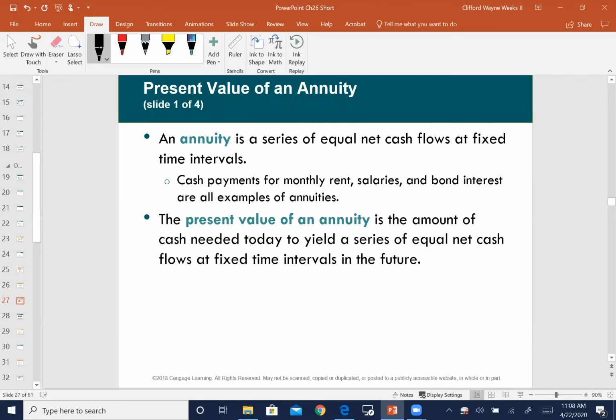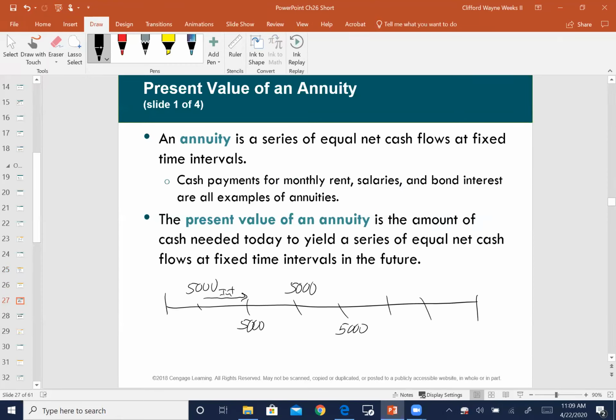The other thing we need to know is this thing called an annuity. Really, your Roth IRA is an annuity, because if you put away every year $5,000, it used to be $5,000, it's now I think $6,000, this is going to earn interest.